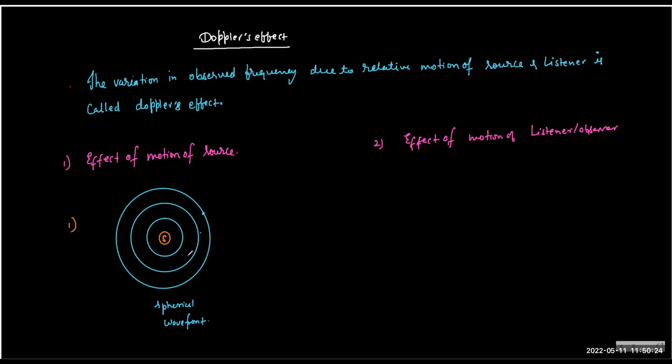So they belong to one generation, because they have been emitted by the source at the same time. Each wavefront represents a different generation. Understood? So it's all about generation.